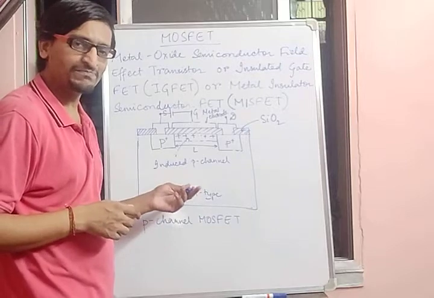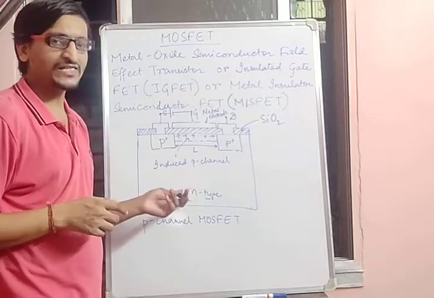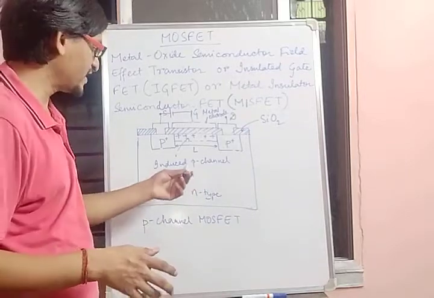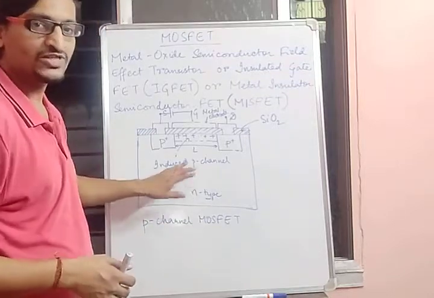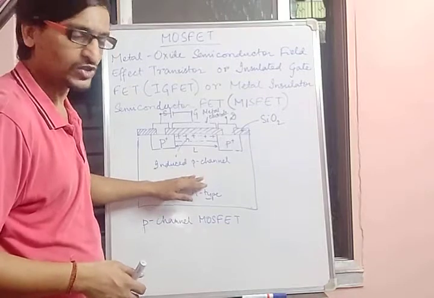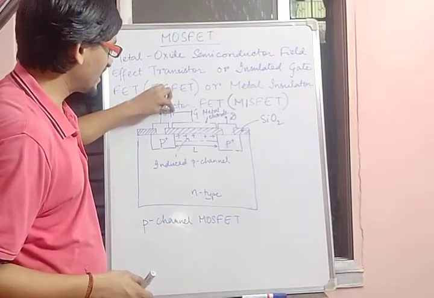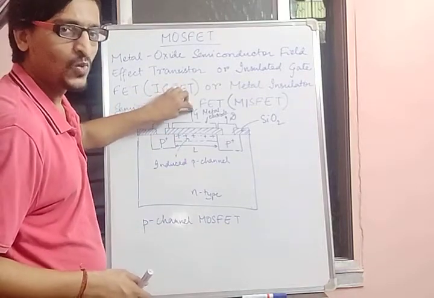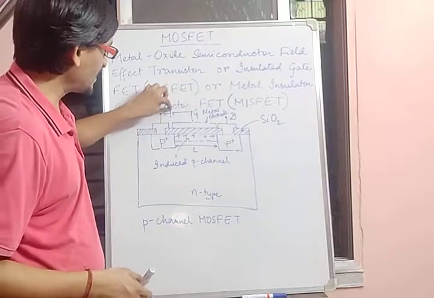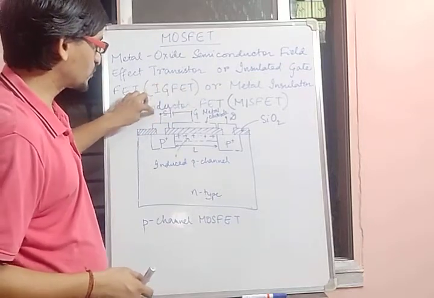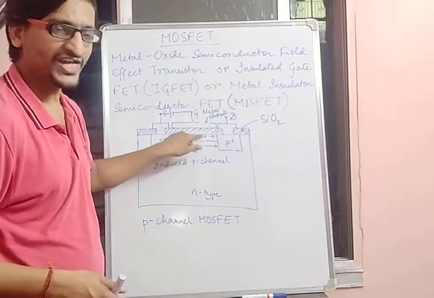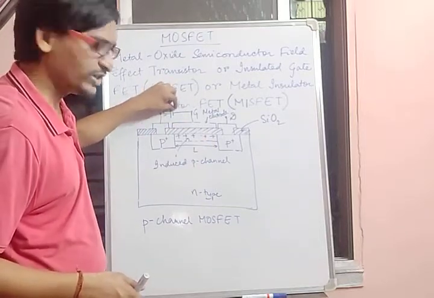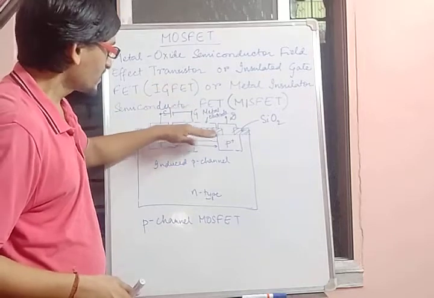This is an N-type substrate, which means the majority carriers are electrons. Now due to the application of the negative voltage at the gate terminal, what will happen? The electrons present near the silicon dioxide layer will be repelled because of this negative voltage applied at the gate electrode.